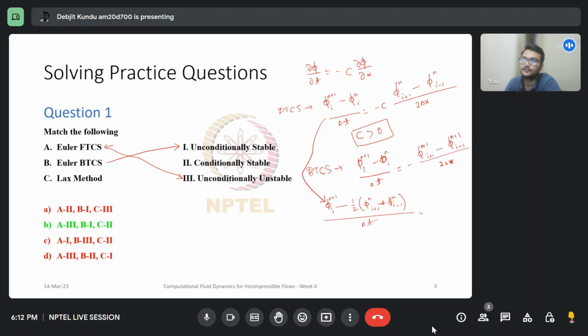And the rest of it remains the same. So we have c over 2 delta x, then phi i plus 1 minus phi i minus 1, all at the nth level. And this method actually turns out to be conditionally stable, with the condition being c delta t over delta x being less than or equal to 1. This is also known as lambda, and this is the Courant number.